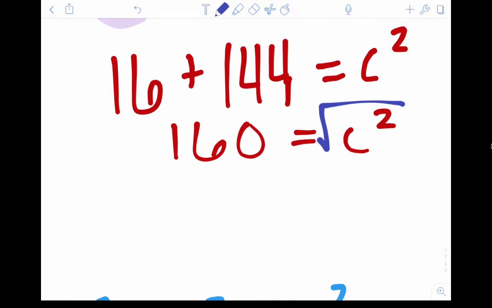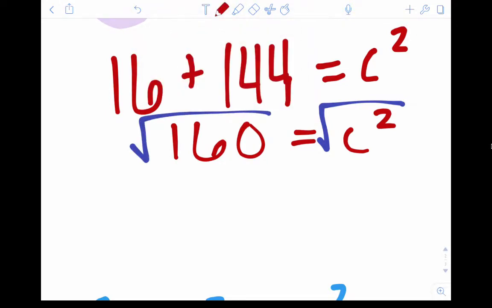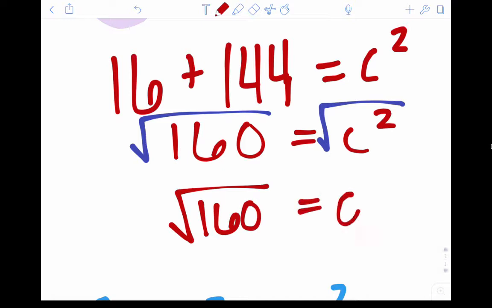So I'm going to take the square root of both sides, but square root of 160. 160 is not a perfect square, so I don't know what that is. So what I need to do is I need to estimate this answer and simplify it.